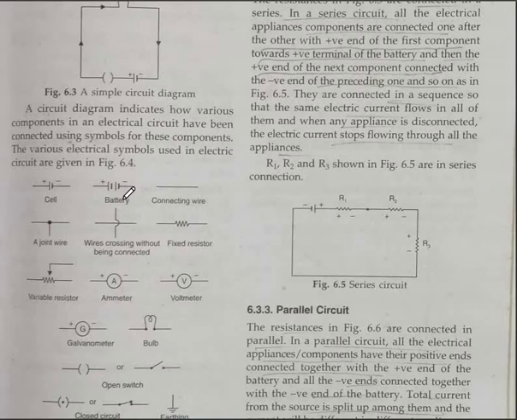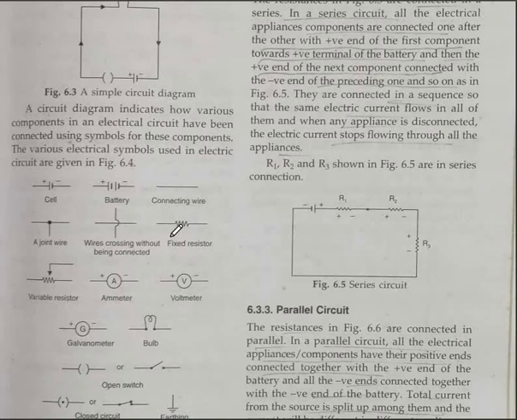When so many cells are connected together, it becomes a battery. Conducting wire, a connecting wire, you can just draw one straight line as a symbol. If the wire is joined, you can make the sketch this way, or you can use this symbol. When the wires are crossing without being connected, then you can make the sketch like this.